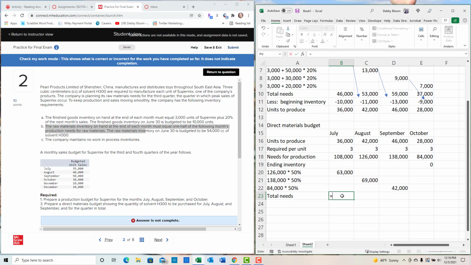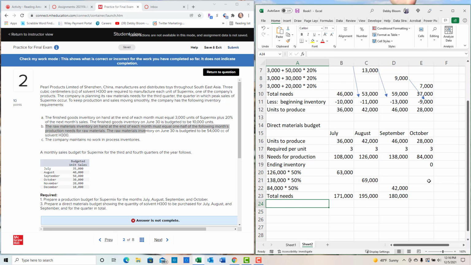So I'm just going to add from the needed for production down to all of the different ending inventories. So the total needs for July, 108,000 and 63,000. We're only going to go to September. For August, 126 and 69. And for September, 138 and 42,000.